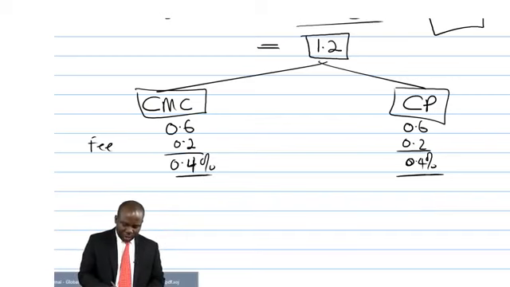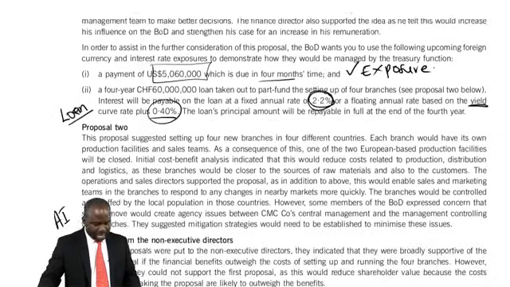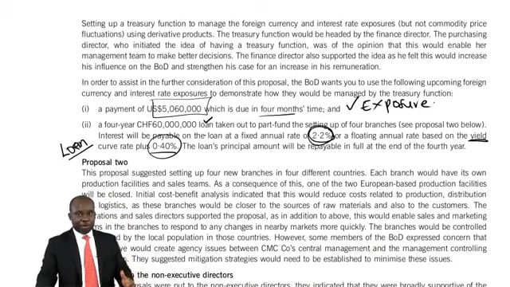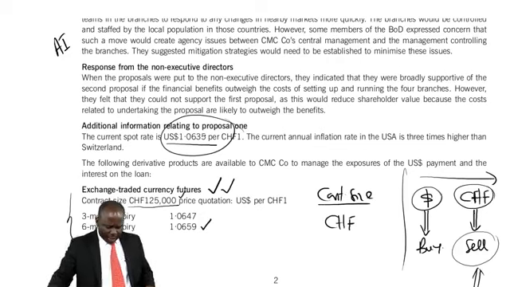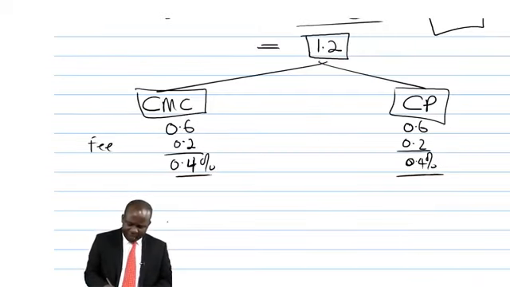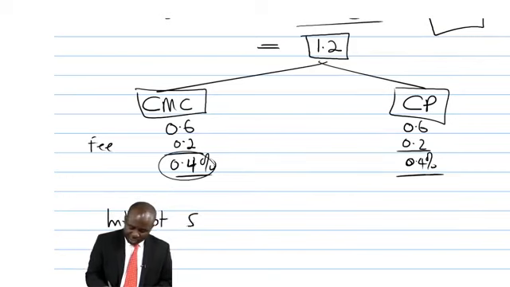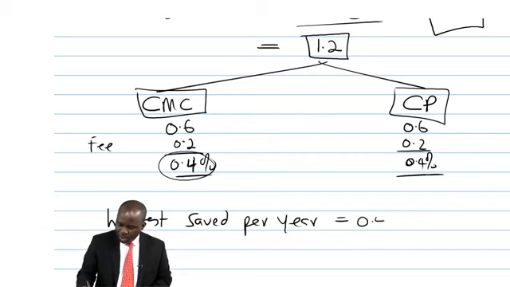How much are we going to borrow? According to the question, we're going to borrow 60 million. If you can remember, we're going to borrow 60 million. If we are borrowing 60 million, then obviously, how much are we going to save? If every year I'm going to save 0.4, then the interest saved per year will be 0.4% of the 60 million.